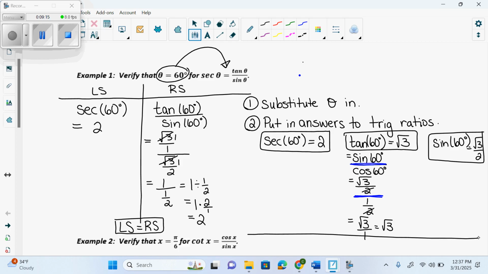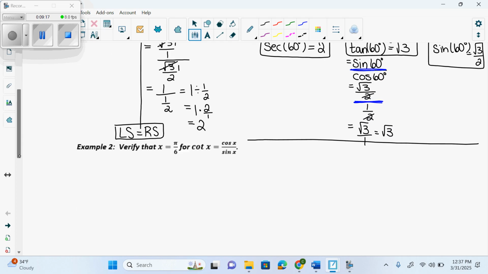So let's try example 2. We're trying to verify that pi over 6 works for cotan x equals cos over sine. So we have to have LS equals RS, which people choose to not write for some unknown reason. You can't choose to not write it, because that's telling you the left side and the right side. Then we have to plug pi over 6 in for that.